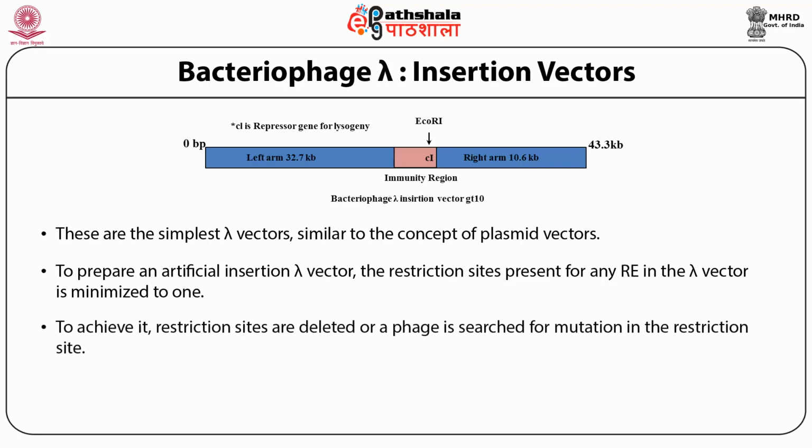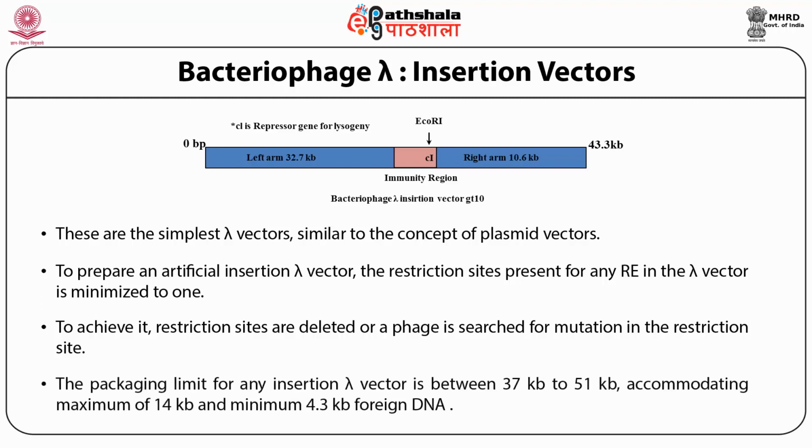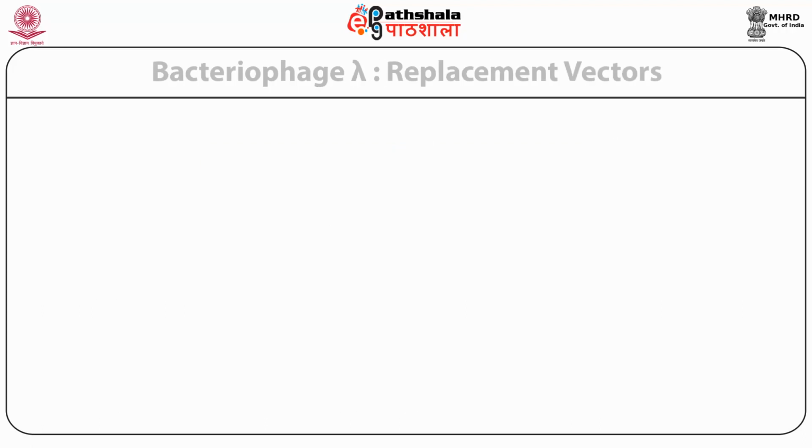To achieve this, restriction sites are deleted, or a phage is searched for mutation in the restriction site. The packaging limit for any insertion lambda vector is between 37 kb to 51 kb, accommodating a maximum of 14 kb and a minimum of 4.3 kb foreign DNA.